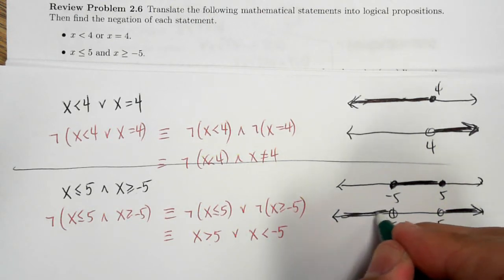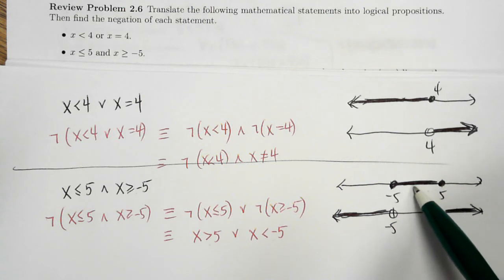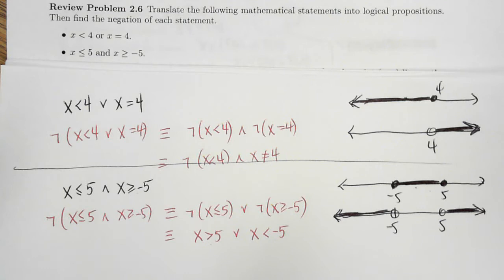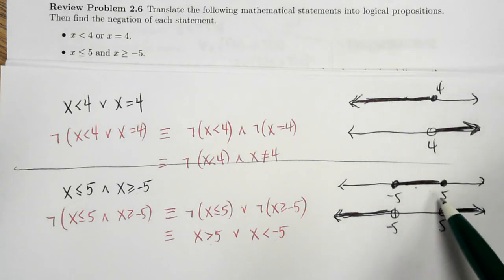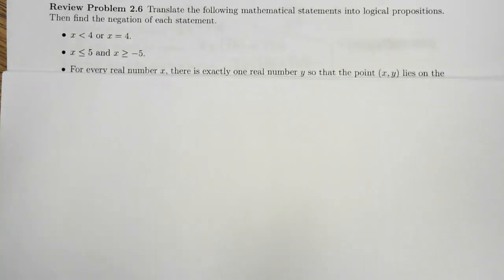And once again, the part that I'm shading is exactly opposite of the part that was shaded on the top picture. So that would be the first couple of examples, and I put these examples up just to remind ourselves of these simple properties from Algebra 1 class and how De Morgan's laws can be connected to the simple ideas from Algebra 1. Alright, the next example is more complicated.